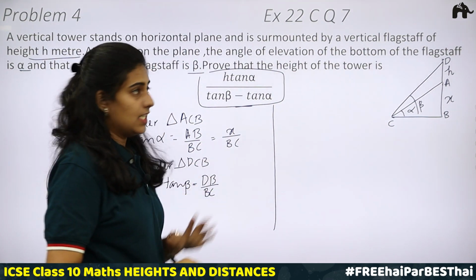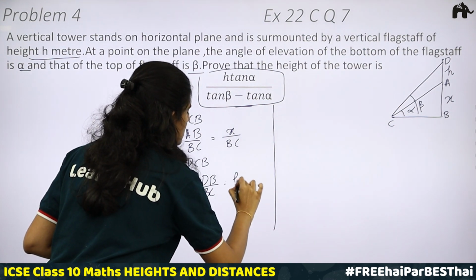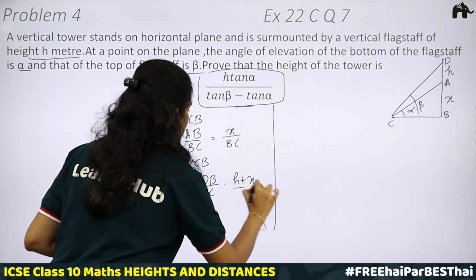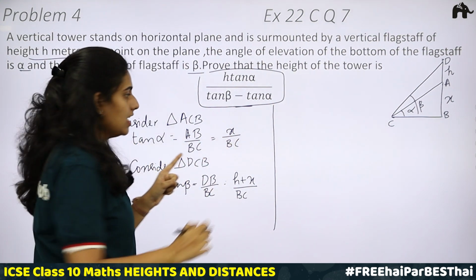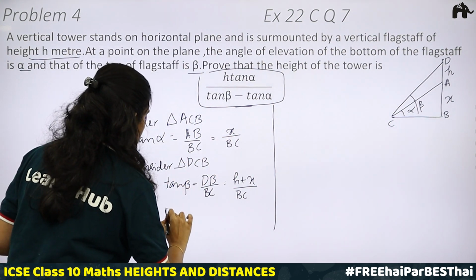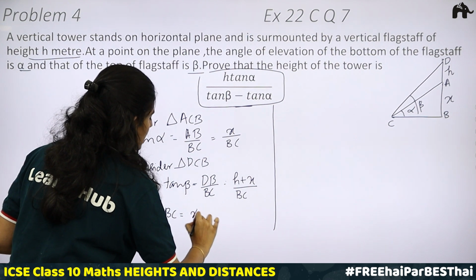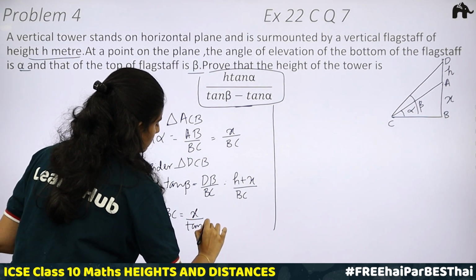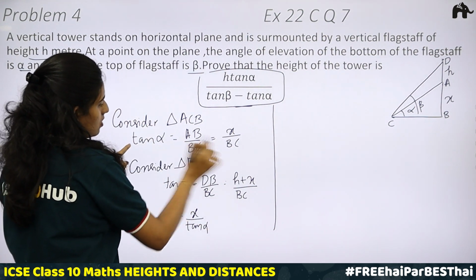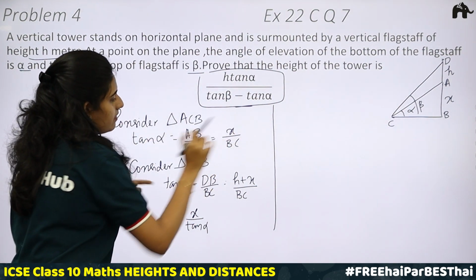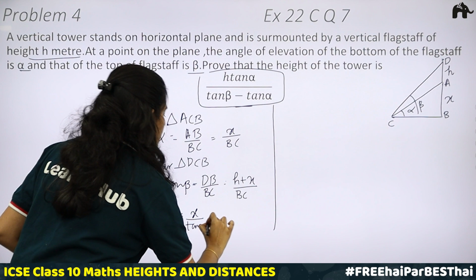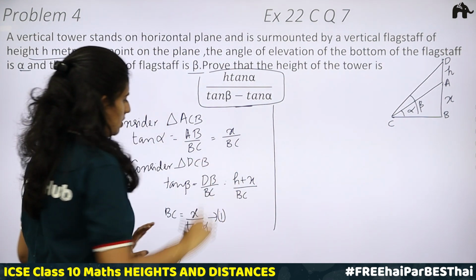Tan beta is equal to h plus x divided by BC. From the previous part we can write BC. Cross multiplying, BC will be equal to x divided by tan alpha. This I am taking as first equation.